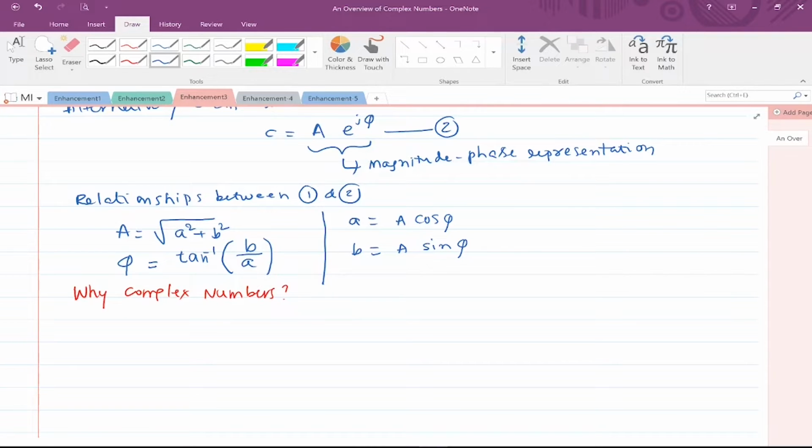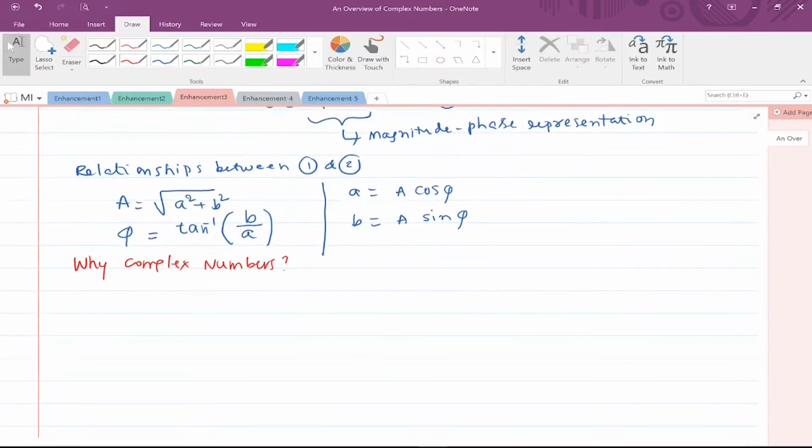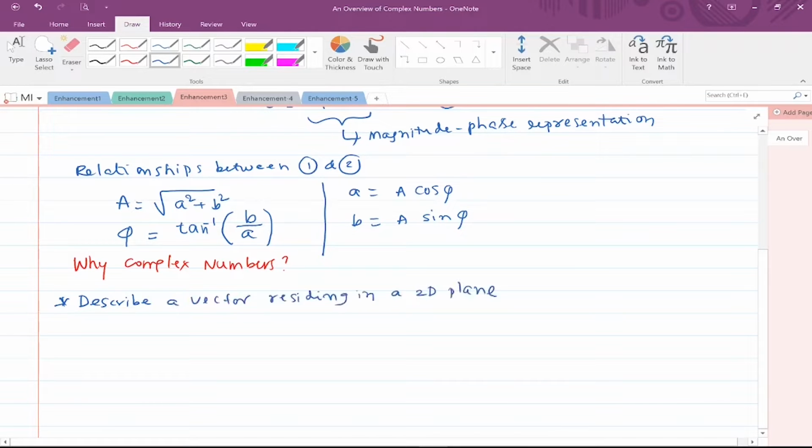Sometimes it is very convenient to handle a particular vector as a complex number. So one answer is that it is very convenient to describe a vector residing in a 2D plane.